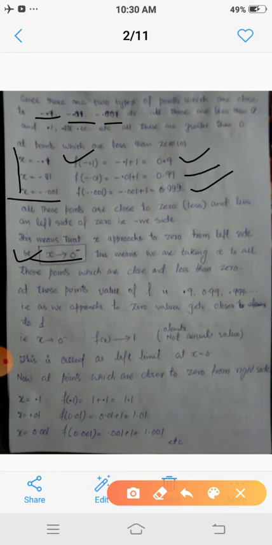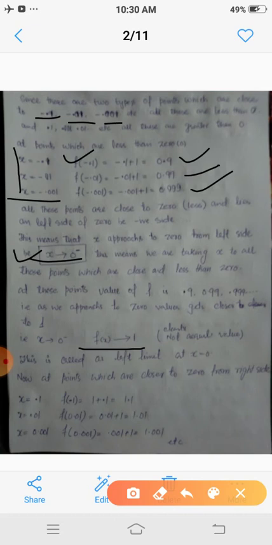Whenever we approach 0, the value gets closer and closer to 1. So when x tends to 0 negative, the value of the function at these points tends to 1. That is, f of x tends to 1.